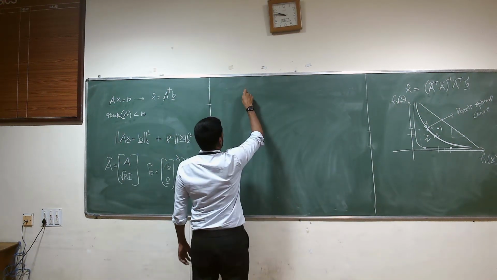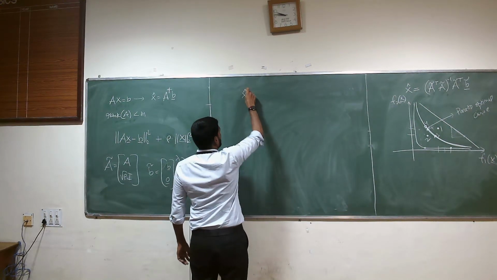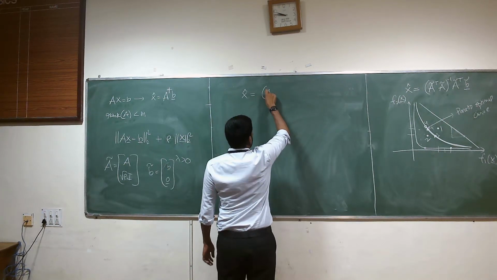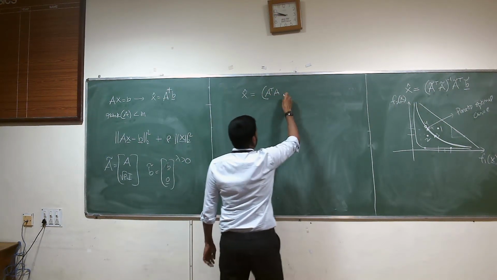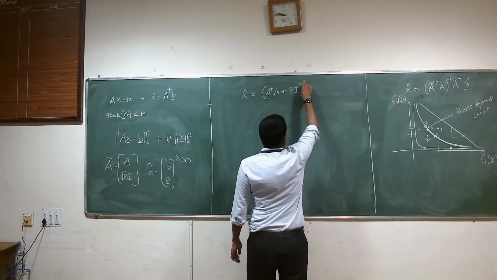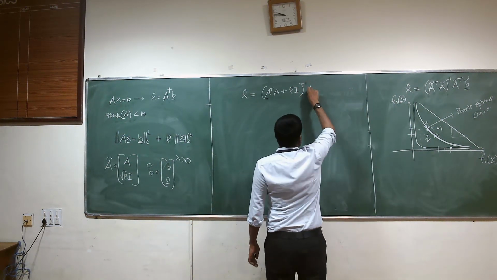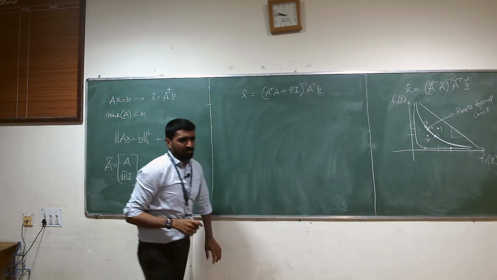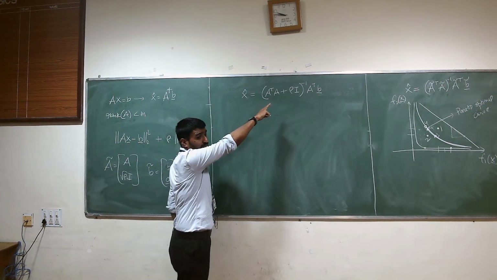So, if you work this out, what you will get is this x cap is simply A transpose A plus rho times I inverse A transpose B. We've seen something like this before.